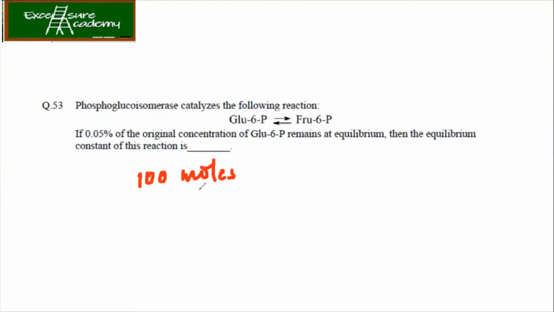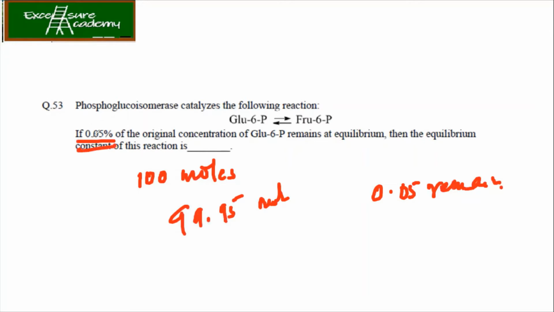According to this, at equilibrium, among these 100 molecules, 99.95 molecules will be formed, and 0.05% of them, that is 0.05, will remain, right? So they are remaining according to this. If we consider 0.05%, it means from 100, 99.95 molecules are made and these are remaining.